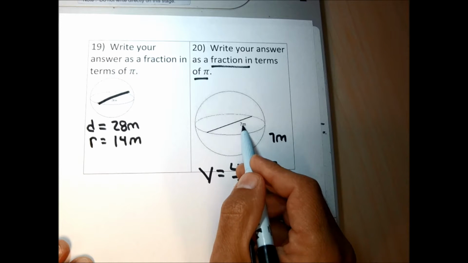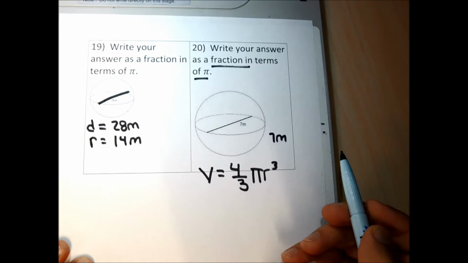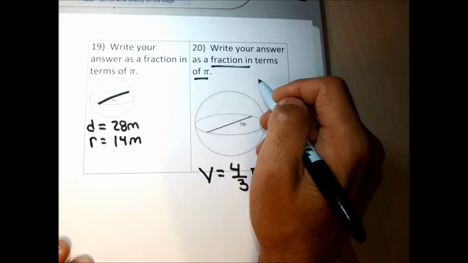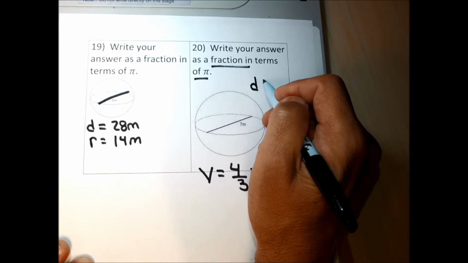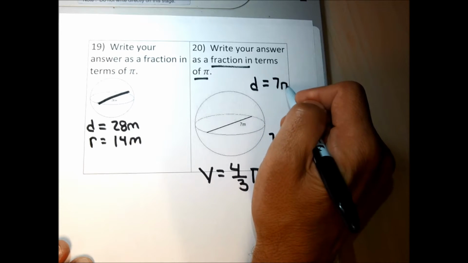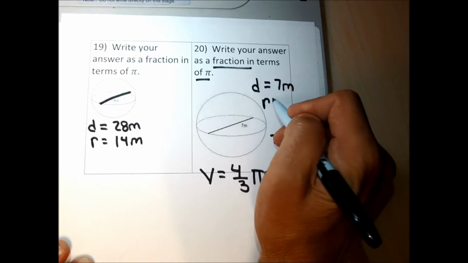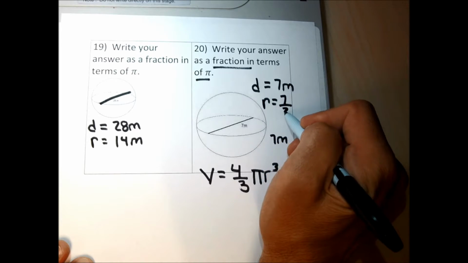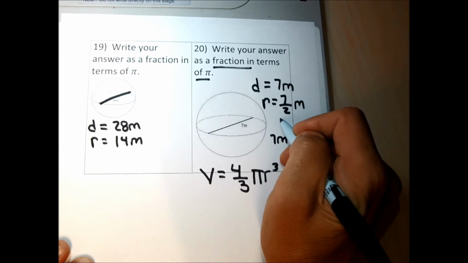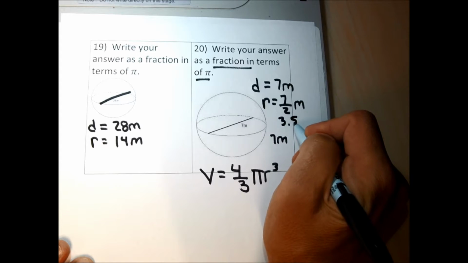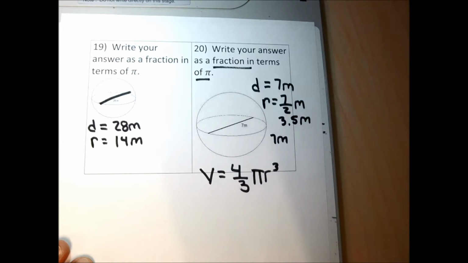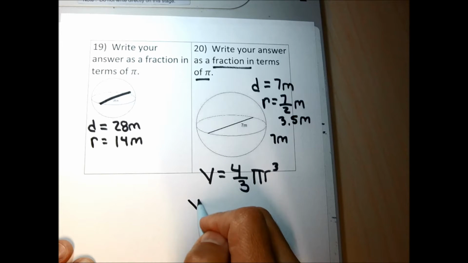And for mine, my r is going to be 3.5, because 7 divided by 2 is 3.5, or 7 over 2. So my diameter is 7 meters. If I divide that by 2, I get 7 halves meters for the r, and 7 halves is 3.5. It's easier for me to type in 3.5, and hopefully I can make that into a fraction.